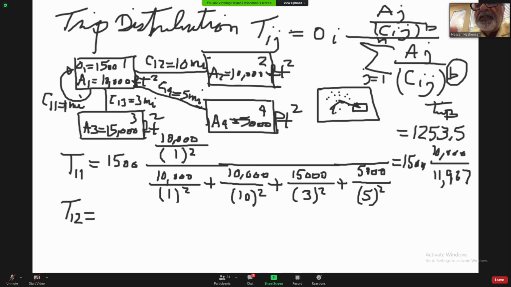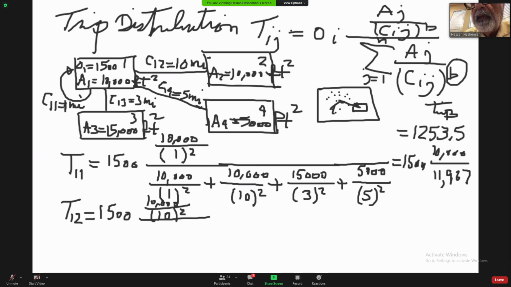We do pretty much the same calculation. It says 1,500, which is your OI. Your AJ is 10,000 divided by 10 squared, because J equals 2.